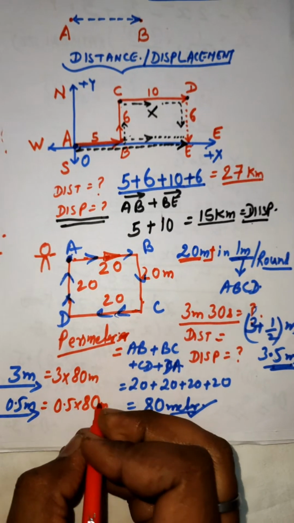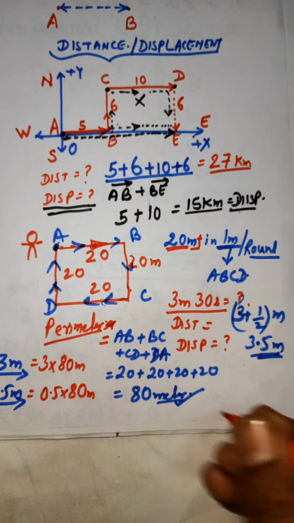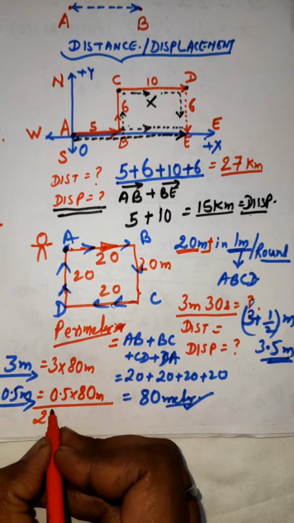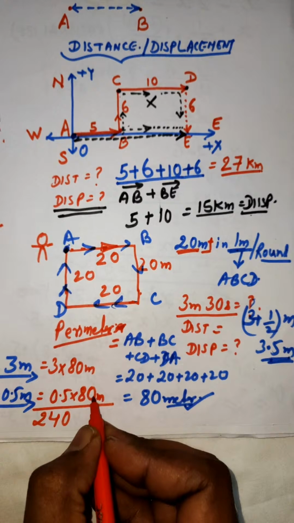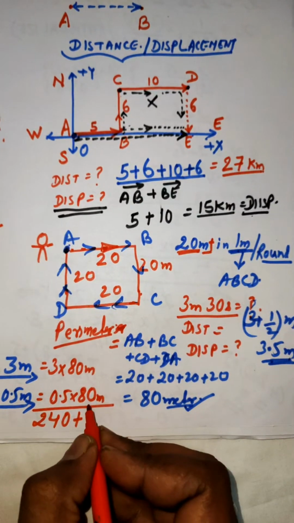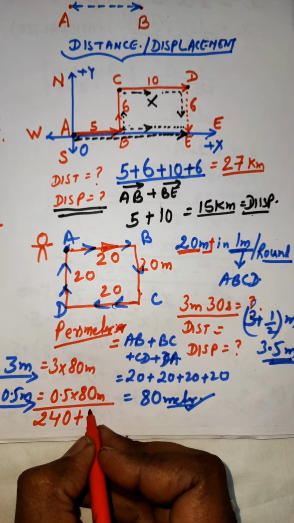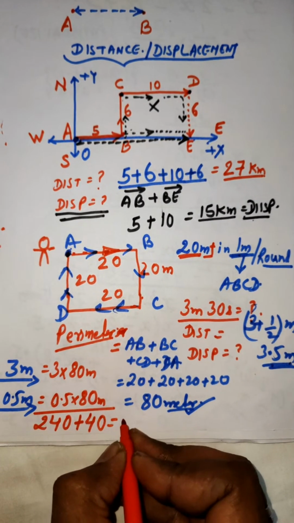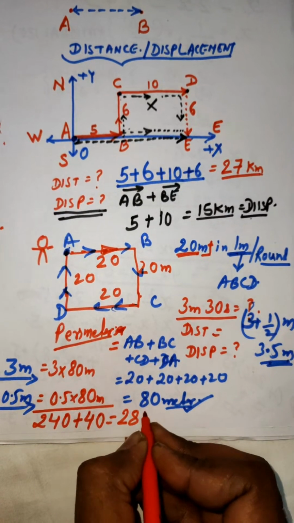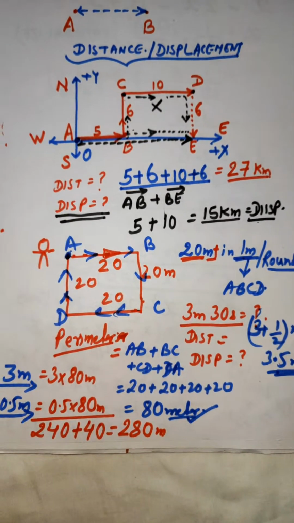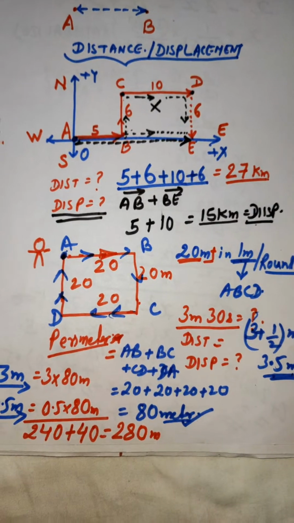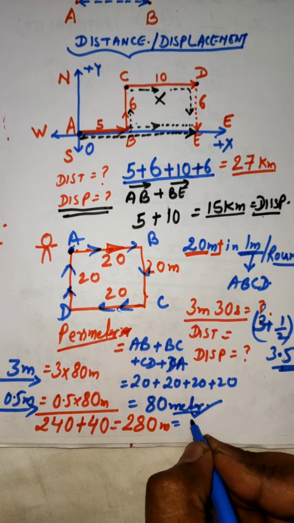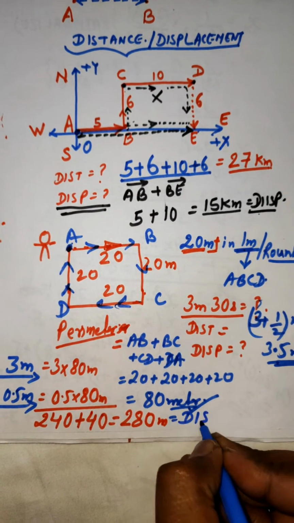So just add up these values. 3 into 80 will be 240, and 80 into 0.5 will be 40. So when we add up, this will be 280. So 280 meters is the distance covered by the man jogging around the park. This is the distance.